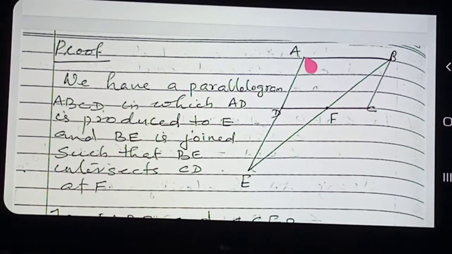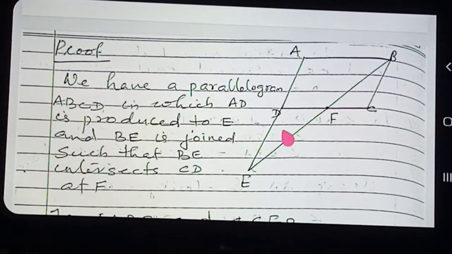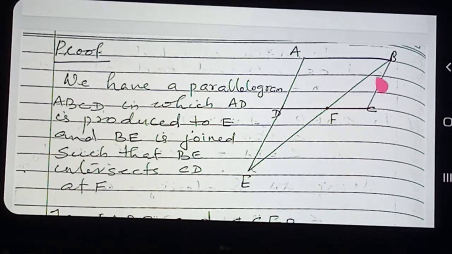So in this triangle ABE and triangle CFB, what about this angle E and angle B? What type of angles are coming? These are alternate angles. See here, you extend AE and BC also. You can draw this as the transversal, no?